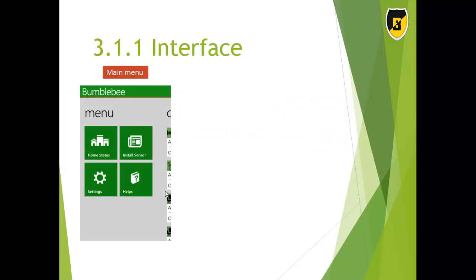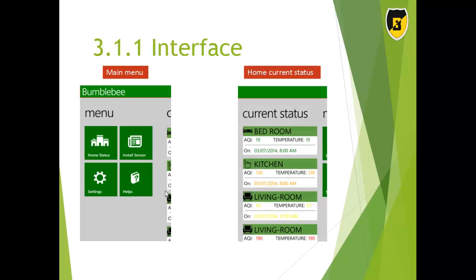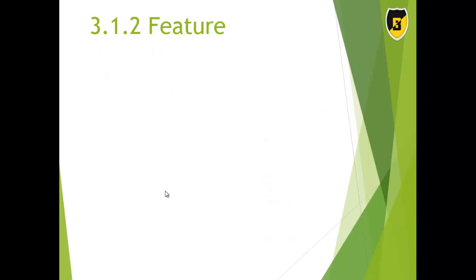And this is our application interface. Bumblebee provides users a visual human interface. When users launch the application, they will see the main menu. They can see different views by swiping horizontally; for example, if they want to view the current status, they can swipe from left to right, and vice versa.